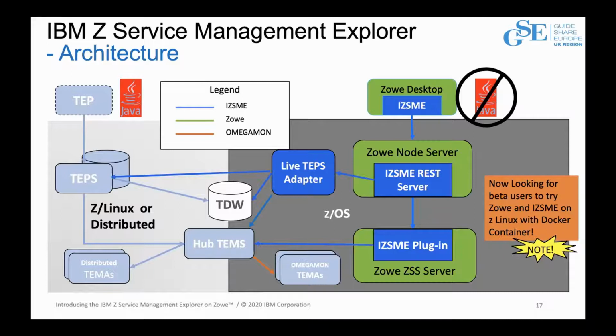We're looking for users or customers who would like to try this out. With this architecture, it's on z/OS only, but hopefully soon in the future, you'll see availability of Zowe on z Linux through a Docker container, and therefore you'll have IZSME availability as well.